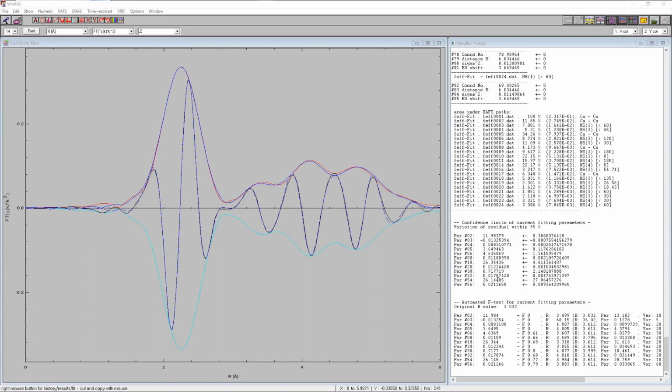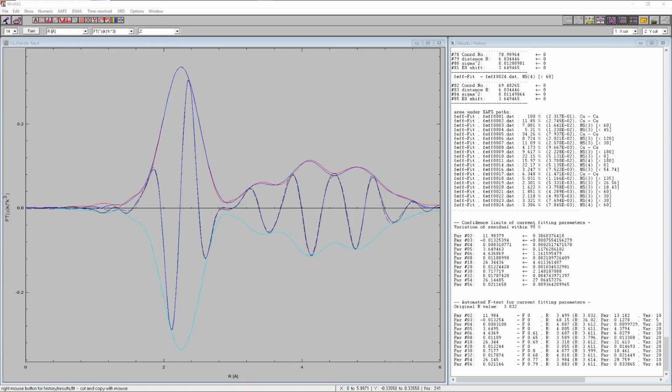Here, for instance, coordination number of 26 for this single scattering path with a confidence limit of 27. So, which basically means that this coordination number can be varied over a very wide range without too much influencing or changing the R value. So this is what the confidence limits mean.